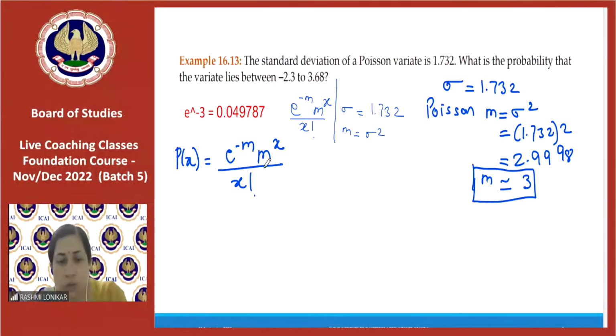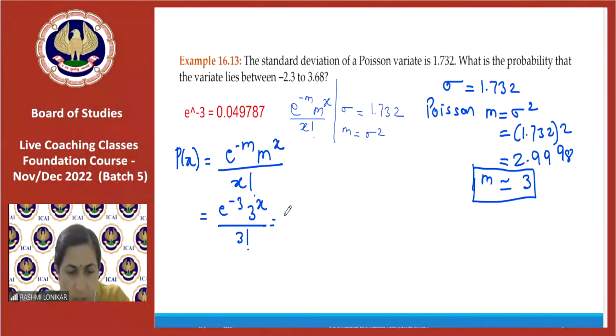Here we have m as 3, so this distribution becomes e raised to minus 3, 3 raised to x upon x factorial.